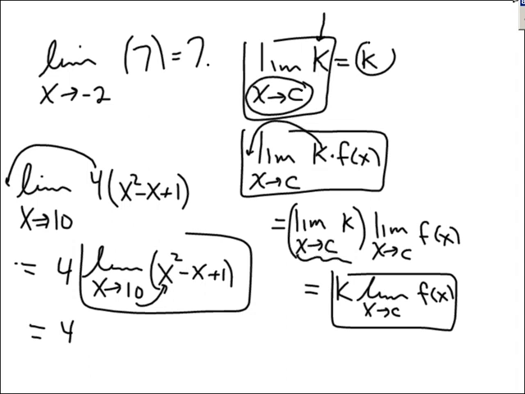Plug 10 in. 10 squared is 100, minus 10 is 90, plus 1 is 91. So it's 4 times 91, which is 364. As long as it's being multiplied, the constant can come in front. If it was 4 plus x squared minus x plus 1, that's a whole other story. In fact, it would just be 4 plus that second number, but it wasn't that.